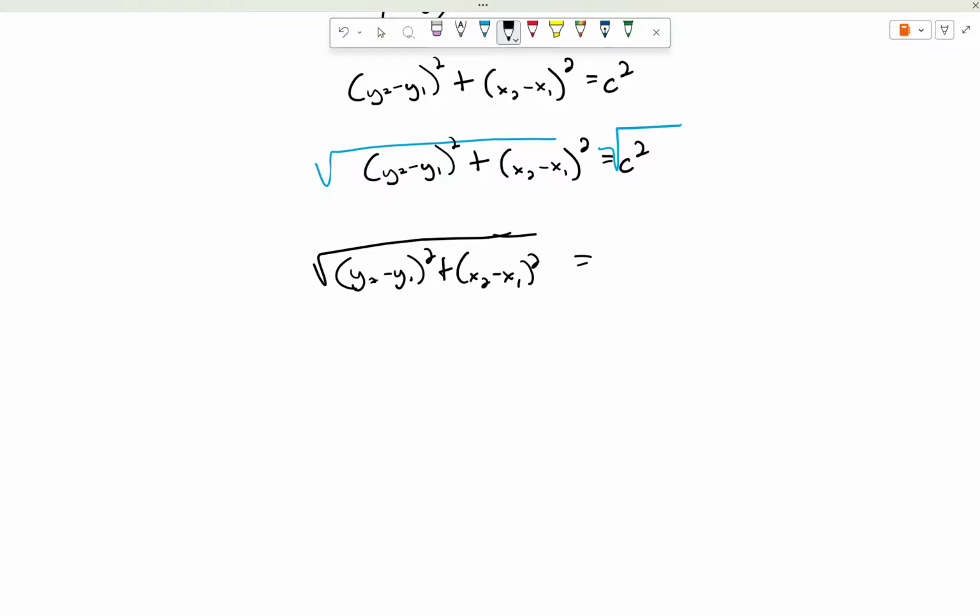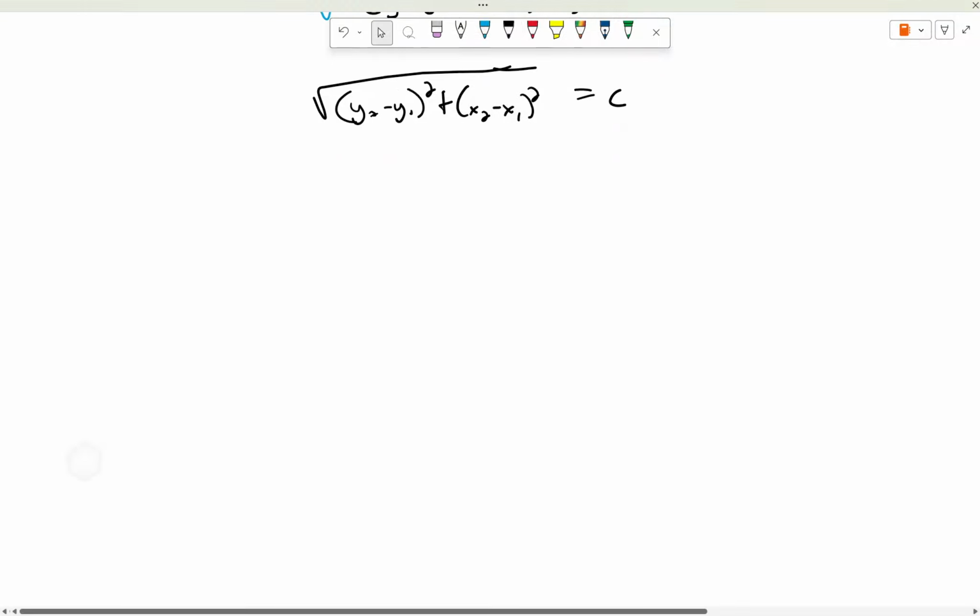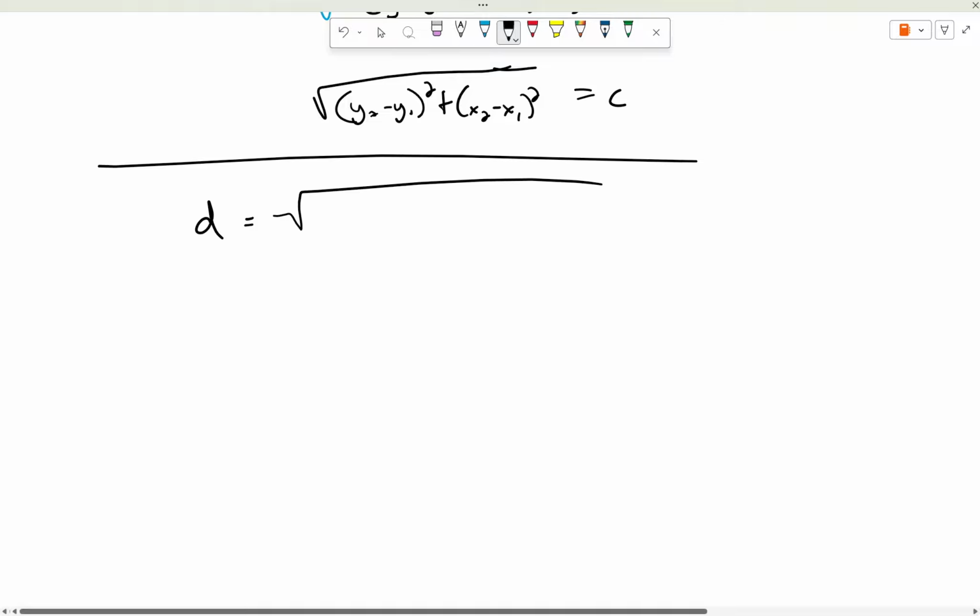All this is under the square root sign, and the square root of c squared is just plainly c, okay? So this is our distance formula. The distance formula is equal to the square root of the difference of the y's squared plus the difference of the x's squared.